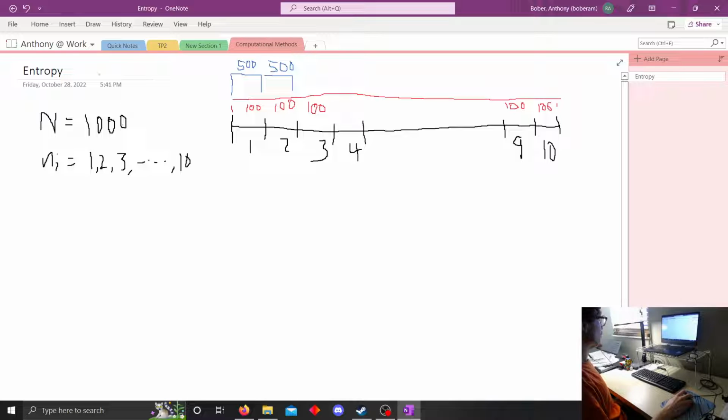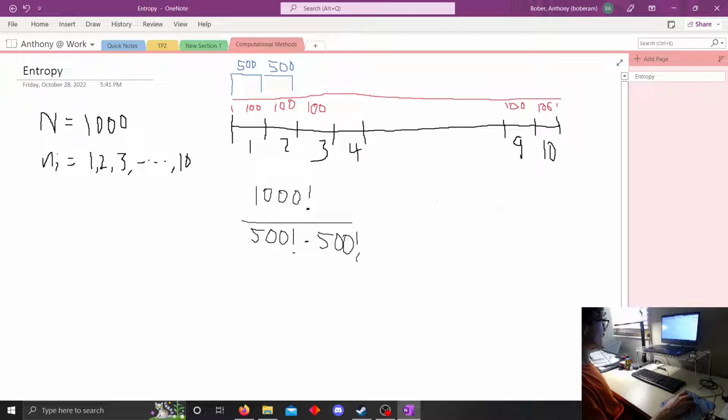Now the way we're going to express this entropy is to take the number of students, big N, so 1,000 factorial, over the number of students in each bin. For the blue, it would be 500 factorial times 500 factorial.